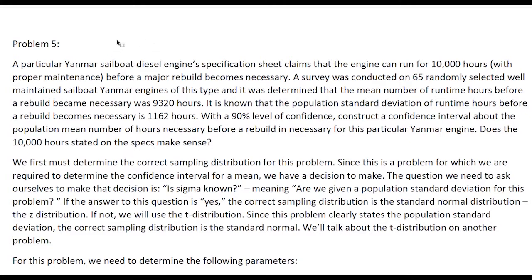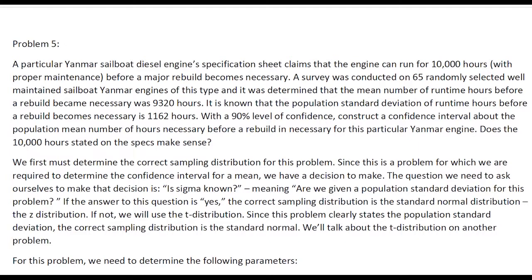It says a particular Yanmar sailboat diesel engine specifications sheet claims that the engine can run for 10,000 hours with proper maintenance before a major rebuild becomes necessary. A survey was conducted on 65 randomly selected, well-maintained sailboat Yanmar engines of this type, and it was determined that the mean number of runtime hours before a rebuild became necessary was 9,320 hours.